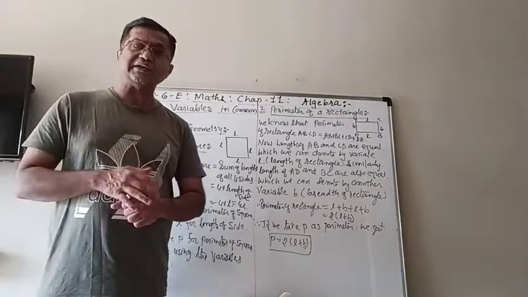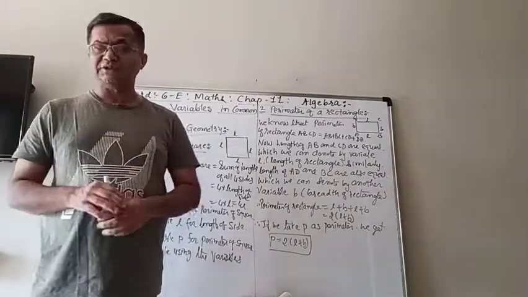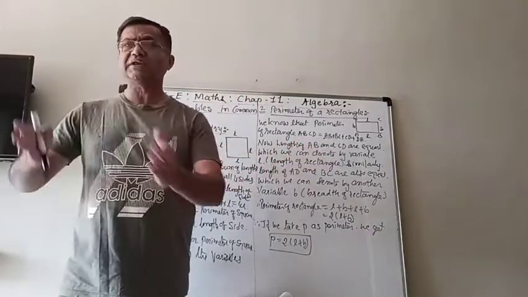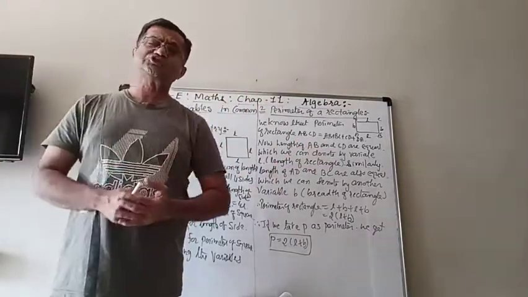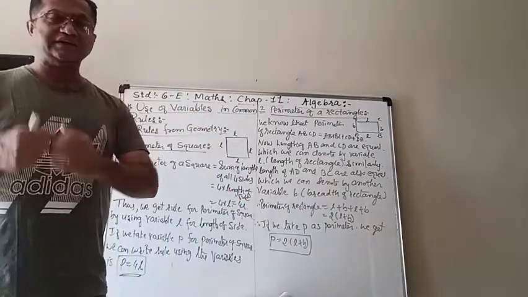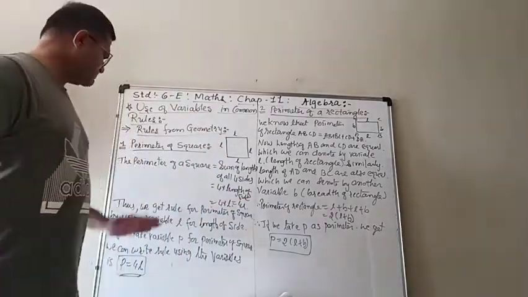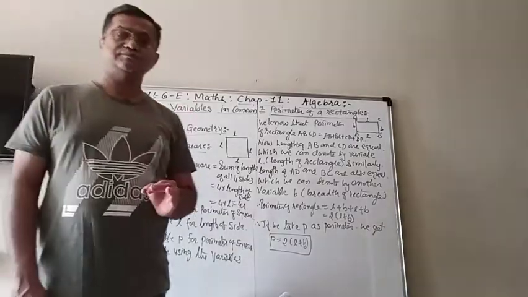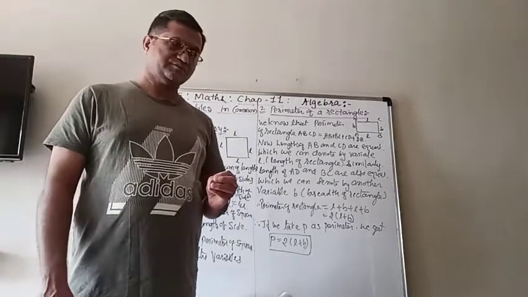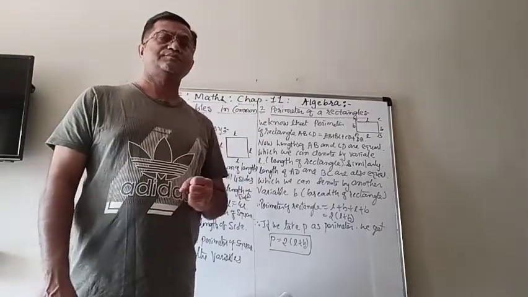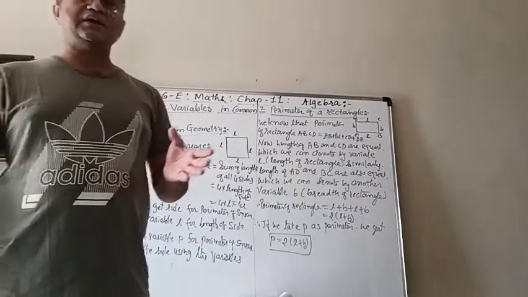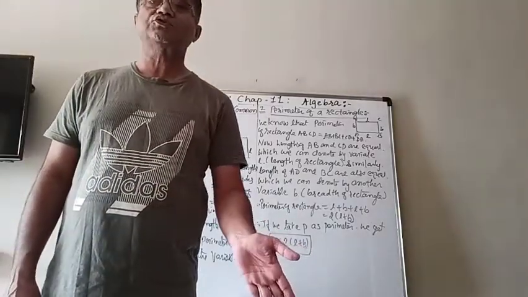If we take another variable P for the perimeter, then we get a relation between the perimeter and the length of the side of the square, and that relation is P equals 4L. For the square, we get a formula or a rule that gives us an idea to find the perimeter of the square.